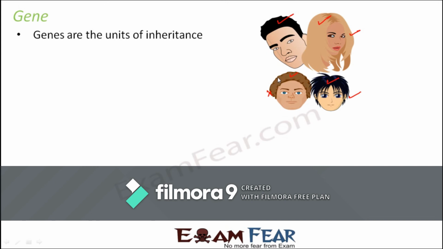So some traits might be new, but there are some traits which are carried from the previous generation. So genes are actually the units of inheritance. They control the traits of living organisms. They decide which traits will be similar and which traits will be different. That's how it regulates the traits of living organisms.